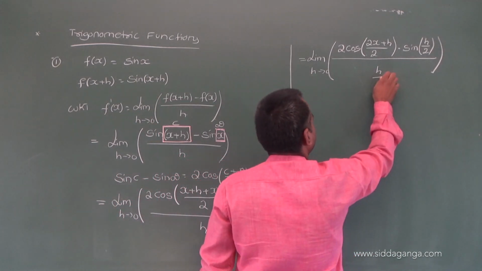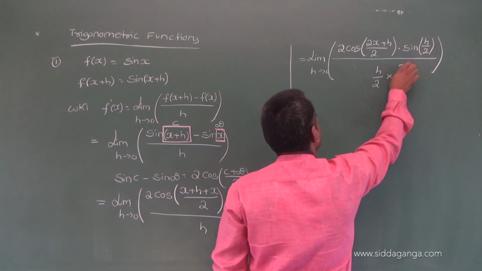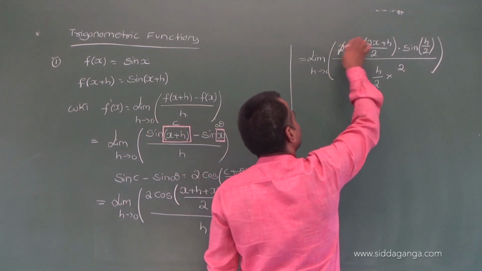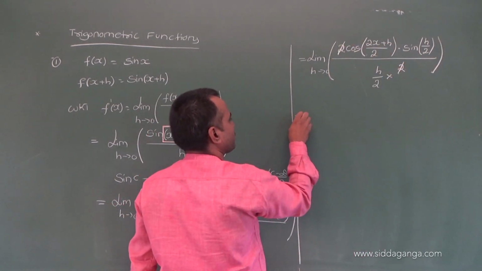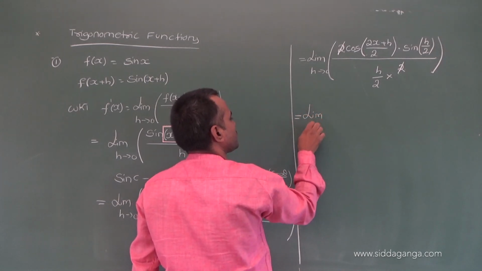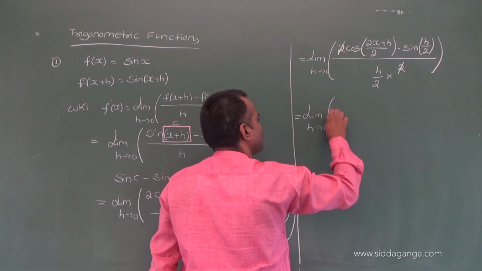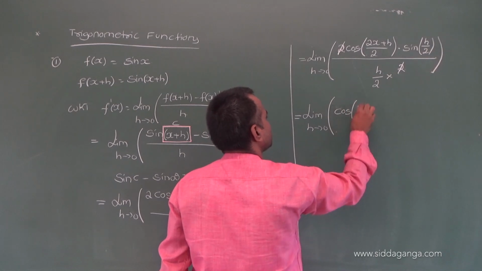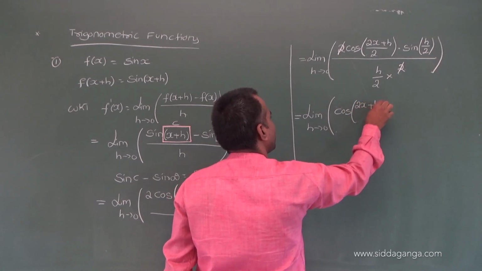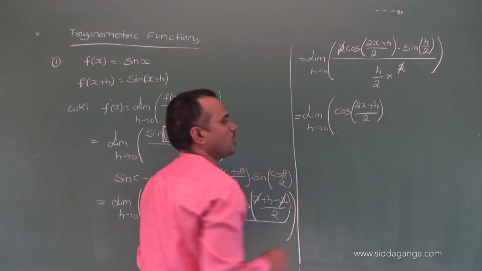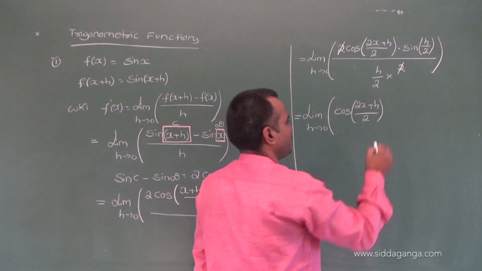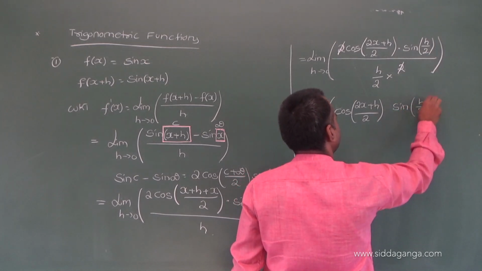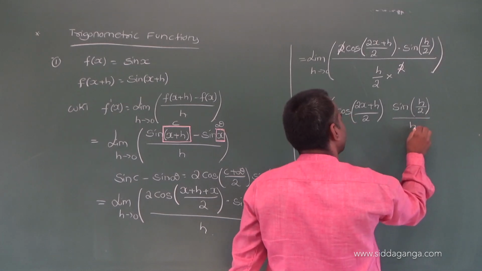For the denominator, multiply and divide by 2. This 2 and this 2 get cancelled. Limit h tends to 0, cos of 2x plus h by 2, sin h by 2, denominator h by 2, right here, no problem.